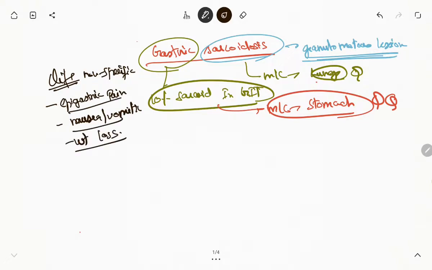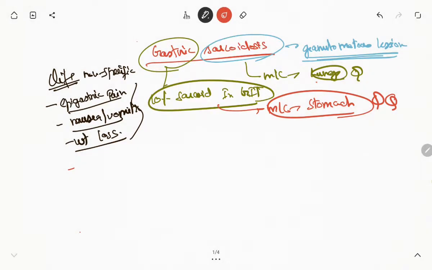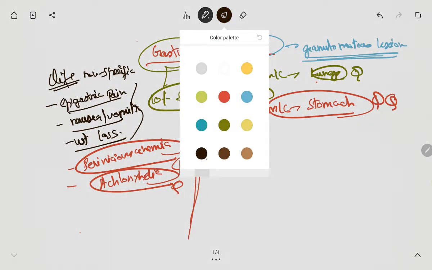These are non-specific. The symptoms which I want you to remember are pernicious anemia and achlorhydria. I will tell you why these two symptoms are very important to remember in the upcoming slides.